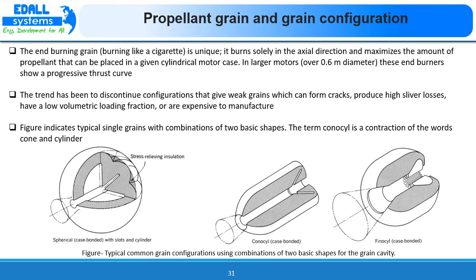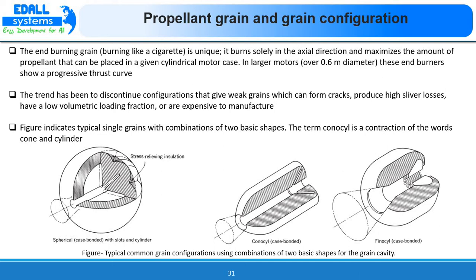End burning grain, that is burning like a cigarette, is unique. It burns solely in the axial direction and maximizes the amount of propellant that can be placed in a given cylindrical motor case. In large motors, that is over 0.6 meter diameter, these end burners show a progressive thrust curve. The trend has been to discontinue configurations that give weak grains which can form cracks, produce high sliver issues, have a low volumetric loading fraction, or are expensive to manufacture.